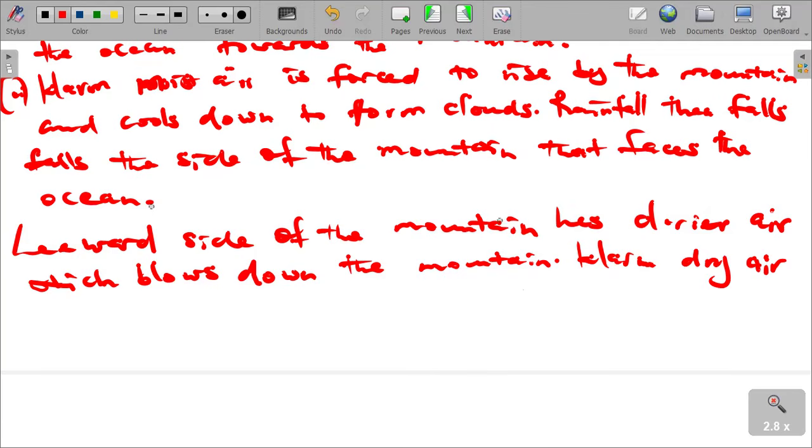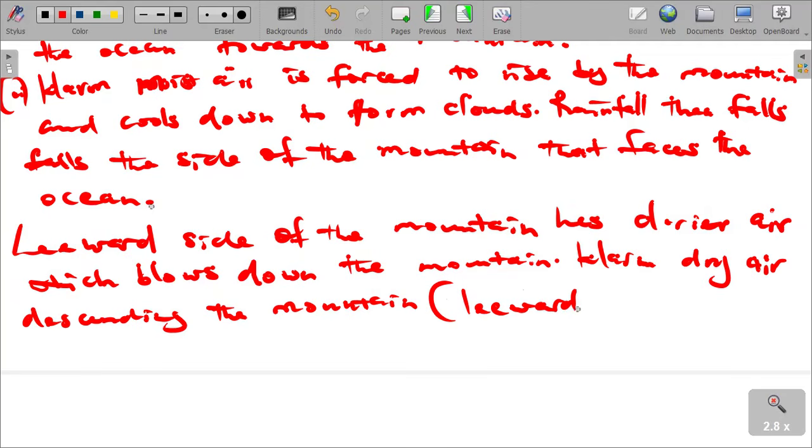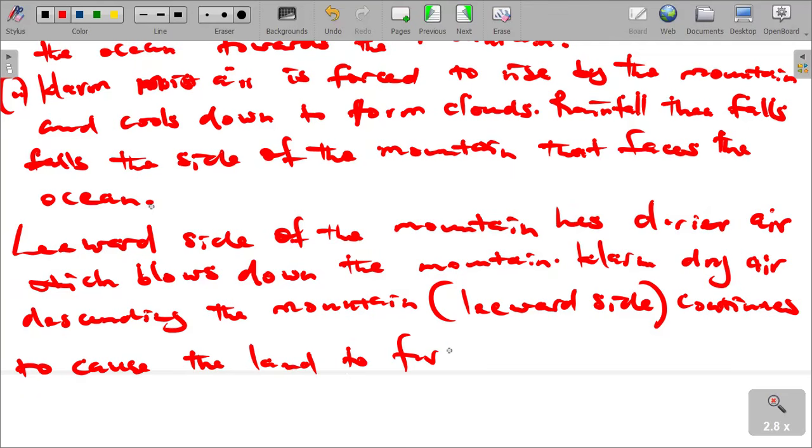The warm dry air descending the mountain on the leeward side continues to cause the land to further dry up.